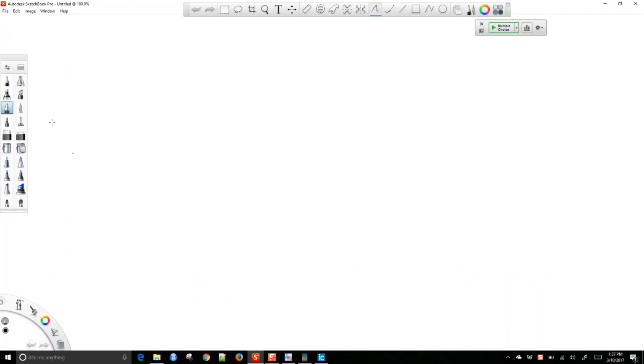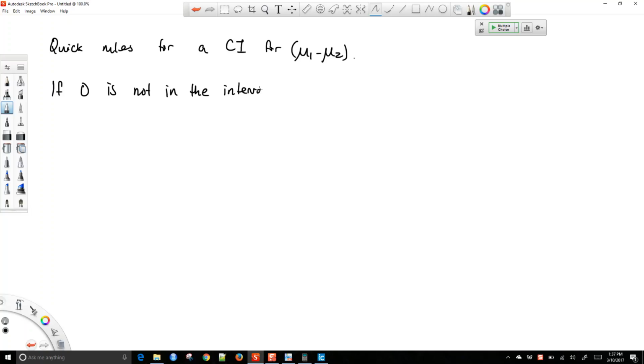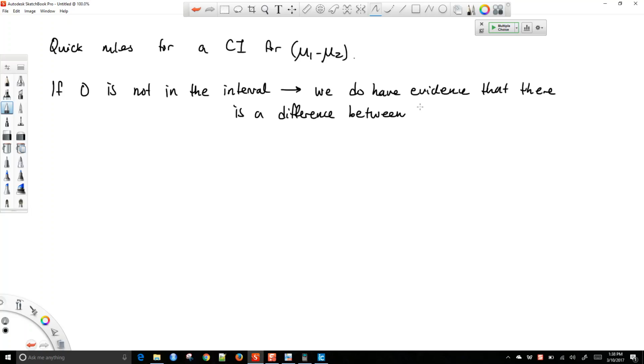So, the quick rules for a confidence interval for mu1 minus mu2: if 0 is not in the interval, this means we do have evidence that there is a difference between mu1 and mu2.